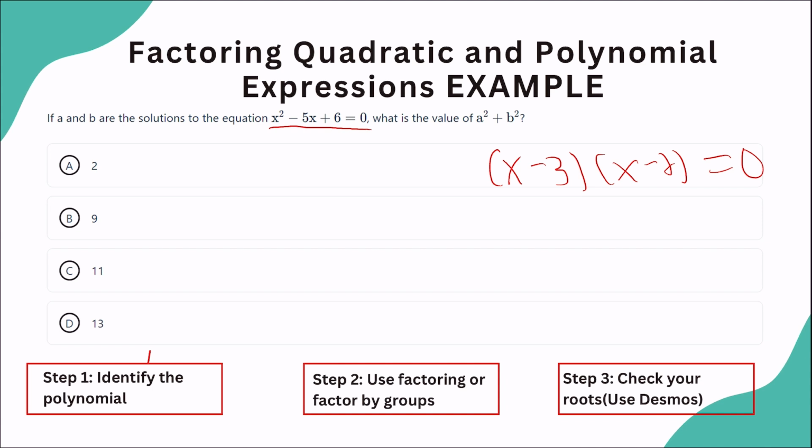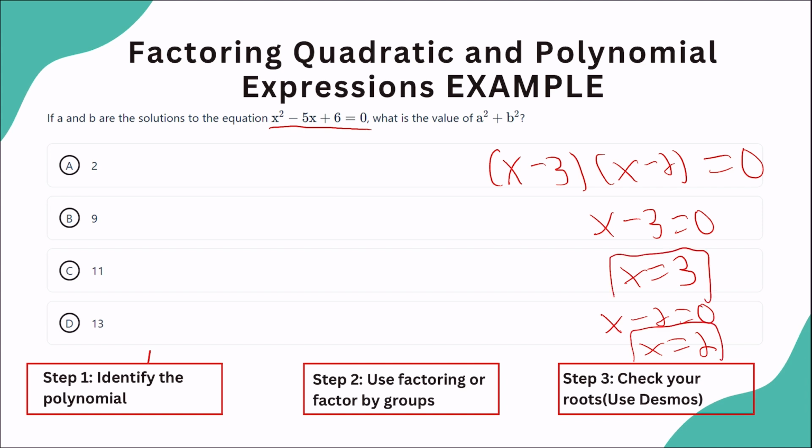And so from here, I can see that my roots are x minus 3 equals 0, so x equals 3, and x minus 2 equals 0, so x equals 2. So here are my two roots. And it's saying if the two solutions are A and B, and so these also equal A and B. Either one could be A and either one could be B. And lastly, what it's asking us is, what is A squared plus B squared?